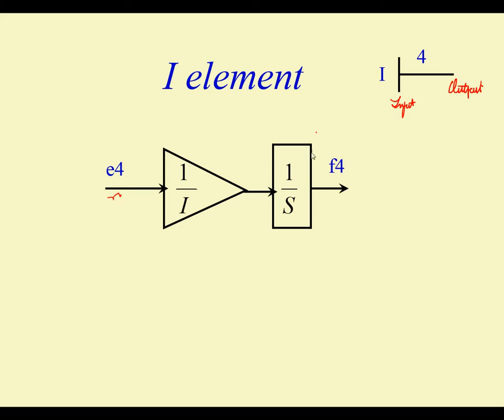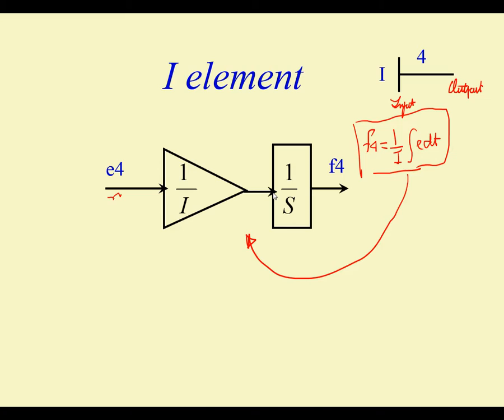So you have 1 over I and the integral, and then see this is being written like this, that f sub 4 is 1 over I, the integral of e dt. This equation that you see written in this form is what is represented on this picture.